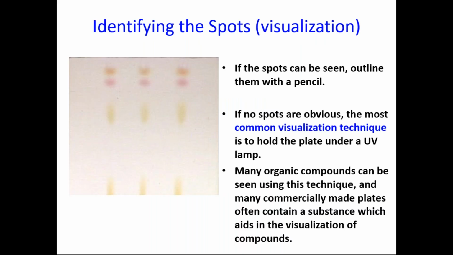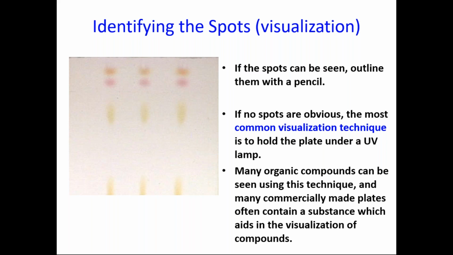Then once the plate is developed, the spots have to be identified. If they are colored, you can just outline them with pencil. If no spots are visible, we need to use a visualization technique.